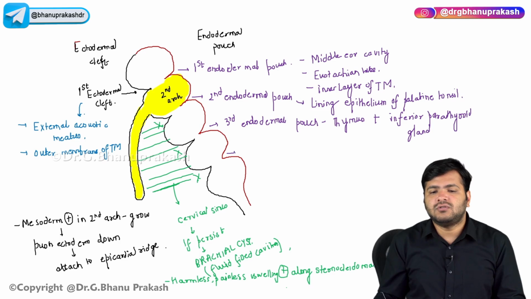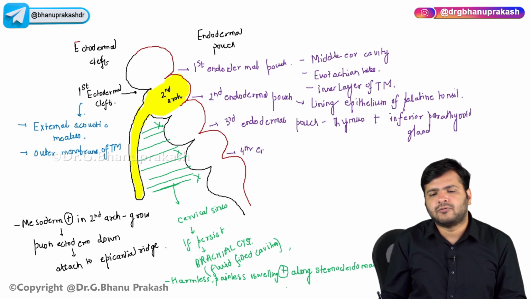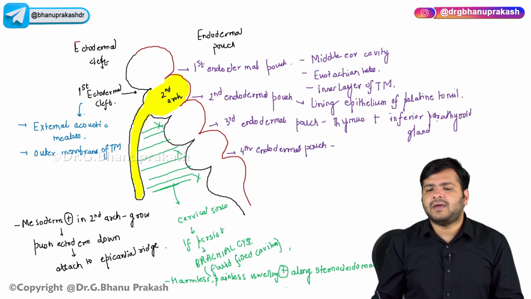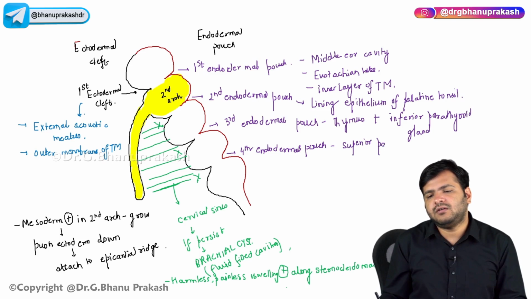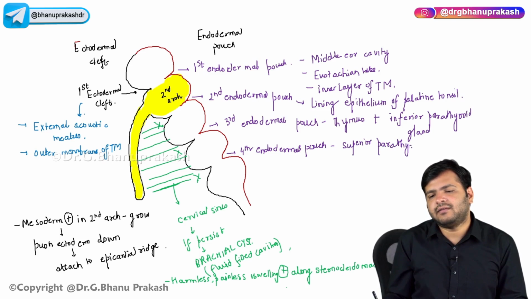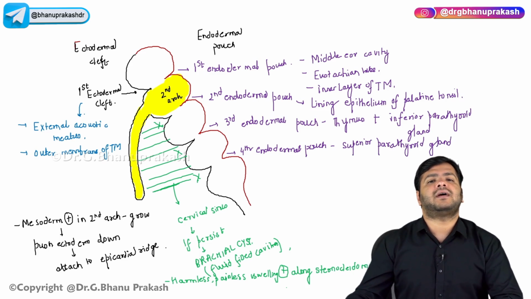And the fourth endodermal pouch will give rise to the superior parathyroid gland, right?